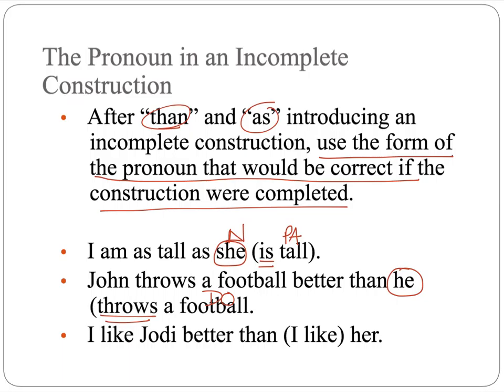In a sentence like, I like Jody better than her, what you're saying is, I like Jody better than I, subject, like her, direct object. If the sentence had read, I like Jody better than she, what you are communicating is, I like Jody better than she likes Jody. So the pronoun that you choose to complete the construction of your sentence matters in terms of what you're trying to communicate.